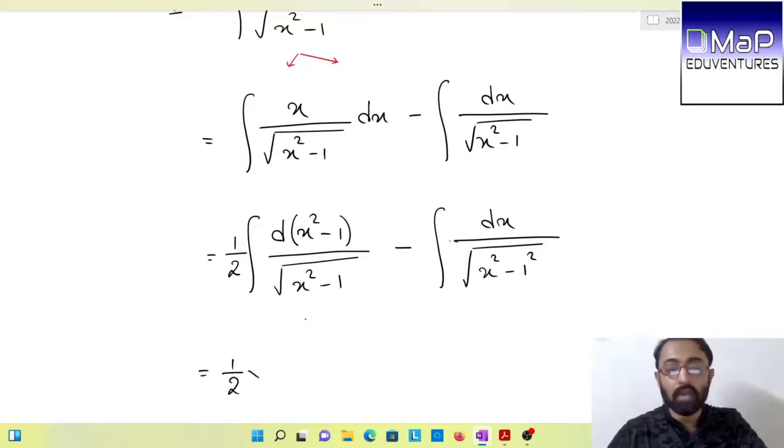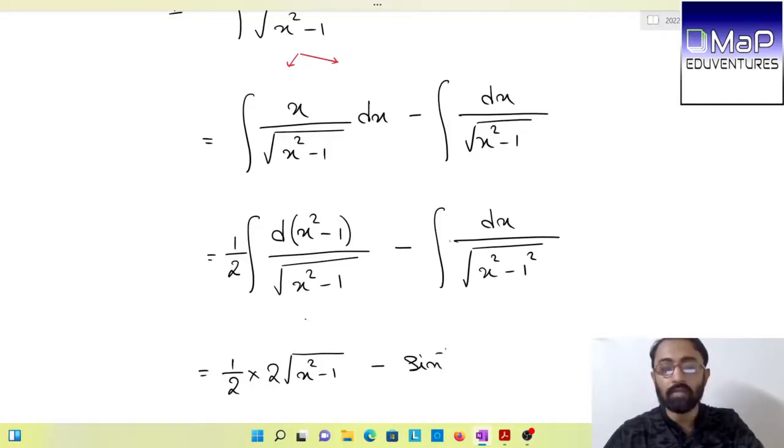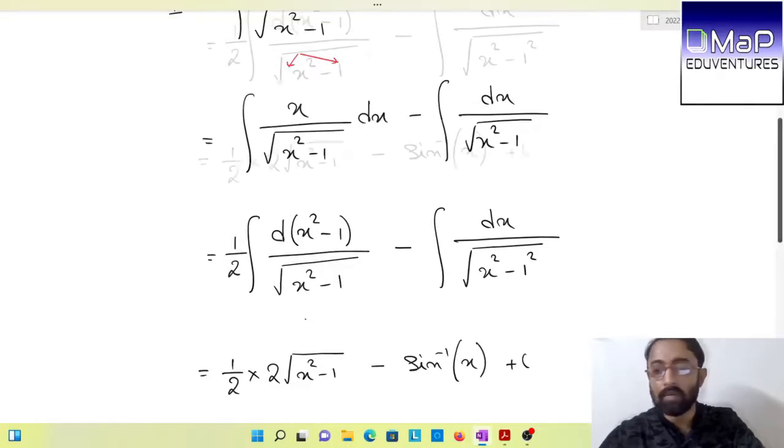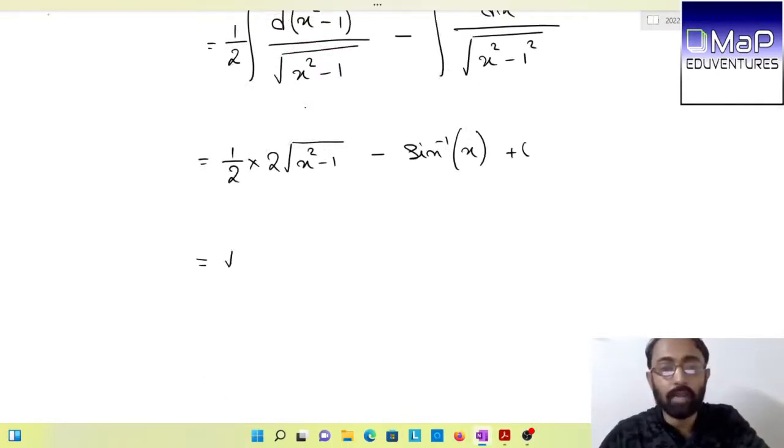So you will have half into 2 times of under root x square minus 1 minus sine inverse of x by a, that means x, plus c. Okay. So our final answer will be under root x square minus 1 minus sine inverse x plus c.